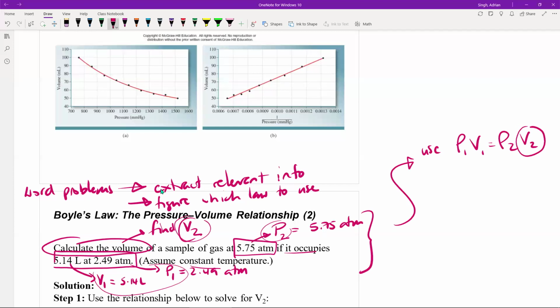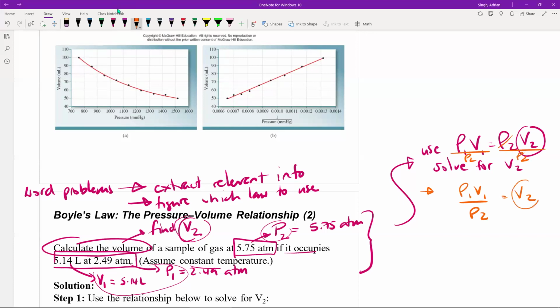And this is where your skills of algebra are going to be very important. We need to isolate V2 on one side and move everything else to the other. So we can divide both sides by P2. So the P2 cancels out here. What we end up with then is P1 V1 over P2 is equal to V2.